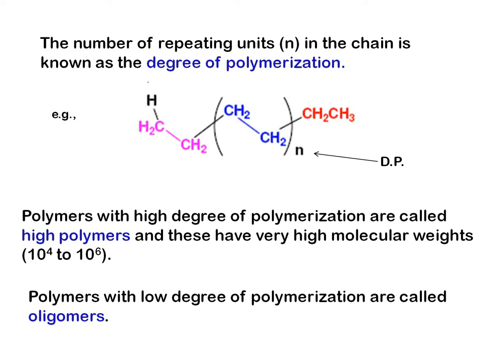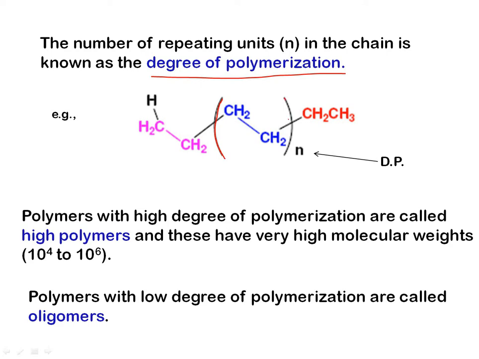Now one more term, that is degree of polymerization. Degree of polymerization is nothing but the number of repeating units in the polymer chain. The number of repeating units in the polymer chain is called degree of polymerization. Here this degree of polymerization varies from 500 to almost 3 lakhs. Here you can see we are mentioning this unit.